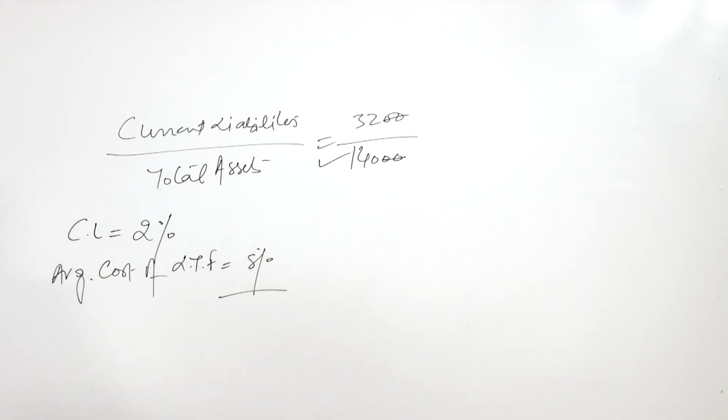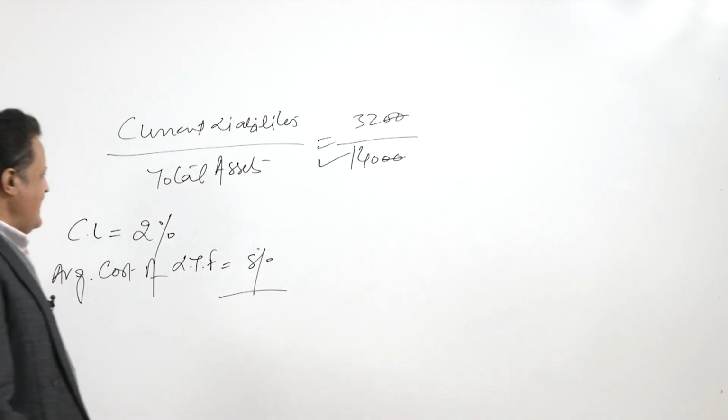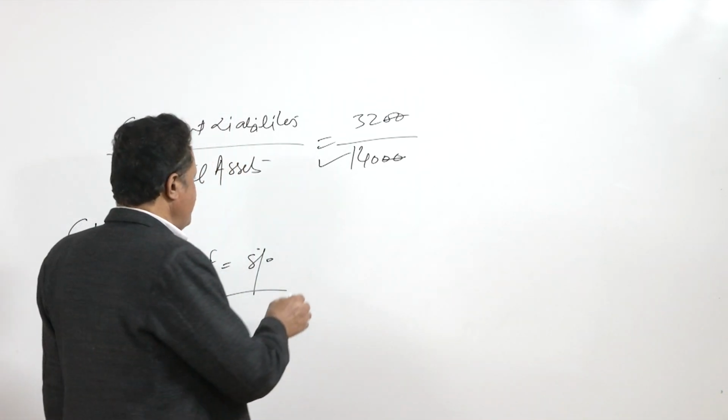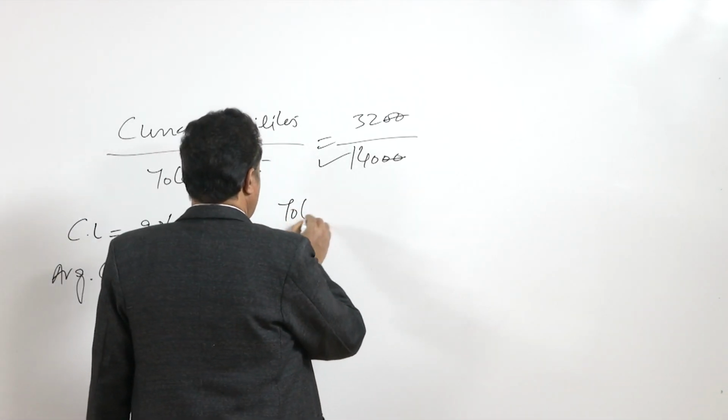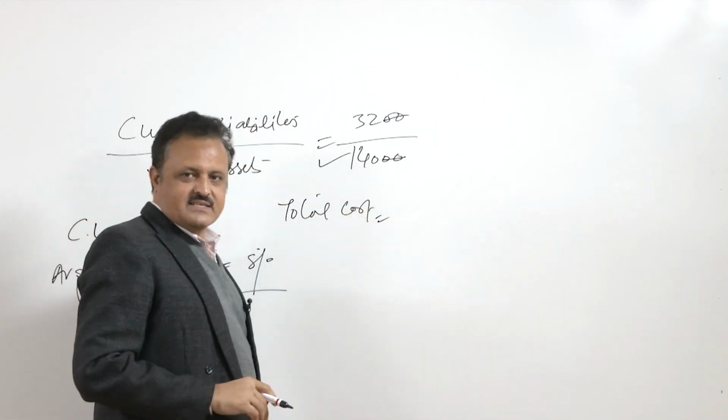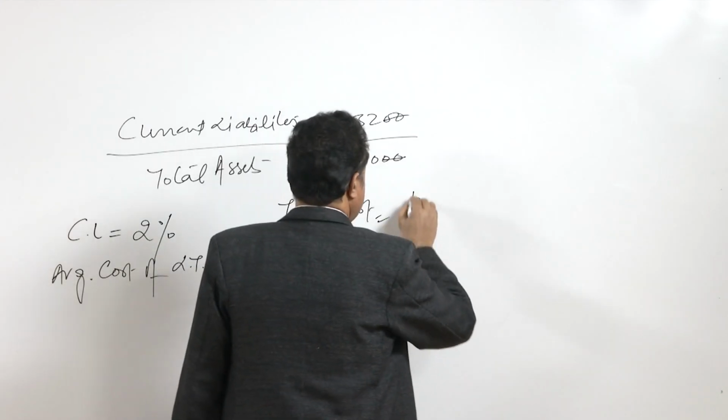But what will be the financial cost? We have calculated it in the PPT, and in the original balance sheet the total cost of the funds is $928 million.